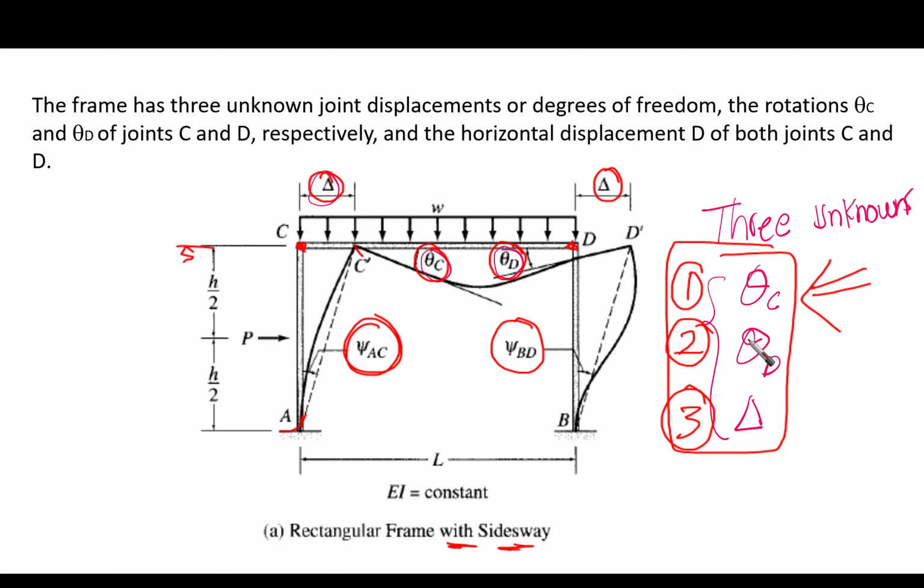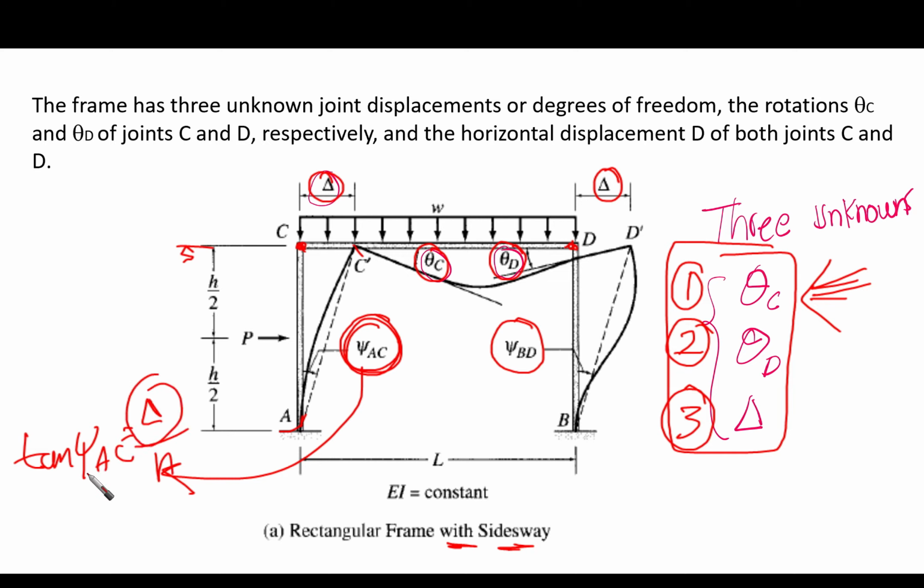Okay, so these are the three main unknowns based on which we are going to obtain all the moments at each point in this frame. By the way, this psi AC is easy to obtain. Tan of this psi AC equals delta over the height, which is h. So this psi is still going to be defined using one of our unknowns, which is delta.